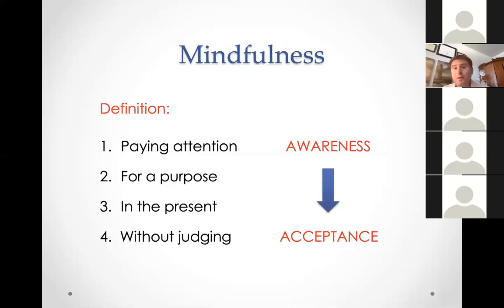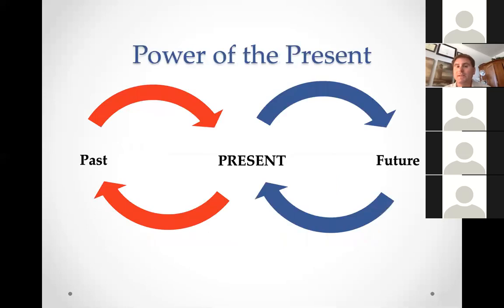So therefore, mindfulness basically involves these two key concepts of awareness and acceptance both, right? A lot of times in our culture, we make mindfulness synonymous with awareness, right? Which just goes to show we don't truly get mindfulness, because it's not just the awareness. It's awareness of the moment in conjunction with acceptance of the moment.